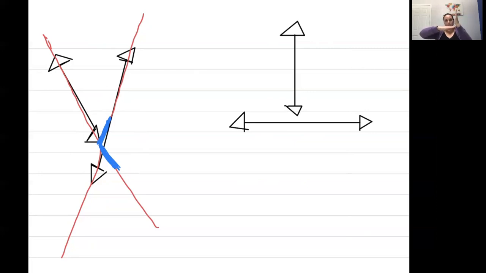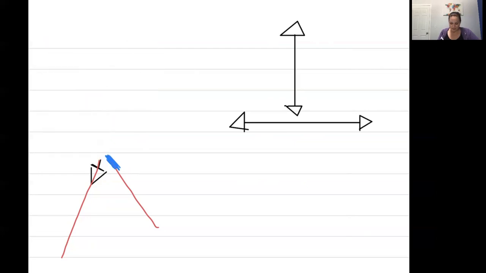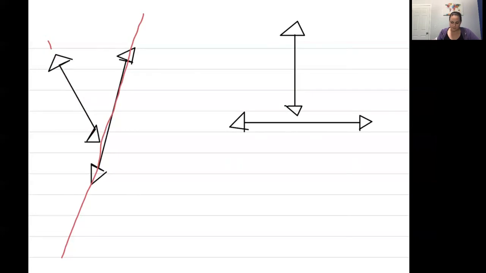I don't have a perfect corner. It looks like somebody sat on it. So it does not have a right angle where it meets. So they're not going to be perpendicular. These are going to be intersecting lines. And I tested that by drawing them out and seeing if they had a right angle where they met.